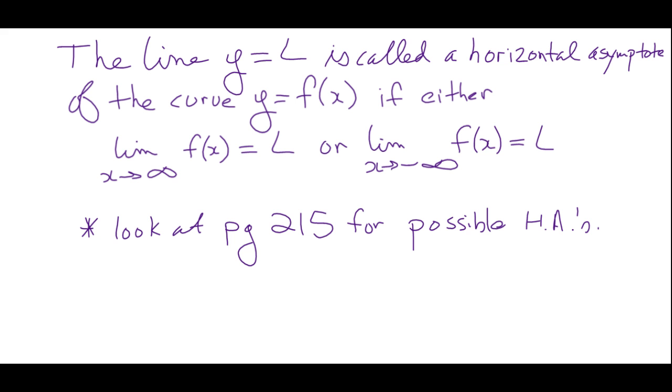All right, so what we want to do to get horizontal asymptotes is basically determine the limit as x approaches infinity of f of x and the limit as x approaches negative infinity of f of x, right?